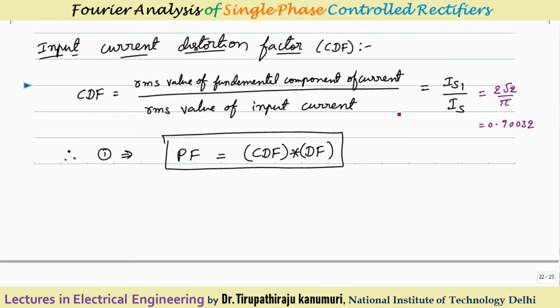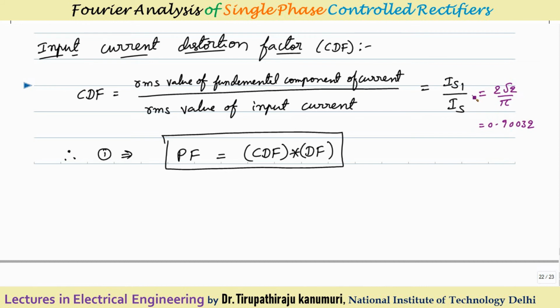Now the input current distortion factor. It tells how much your current is distorted. The current distortion factor, CDF, is equal to the RMS value of the fundamental component of current divided by the RMS value of my total input current, which is Is1 divided by Is. Ideally I want this value to be equal to 1, but practically the CDF value will be less than 1.